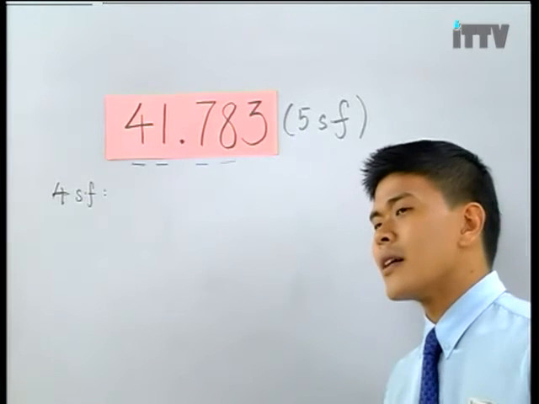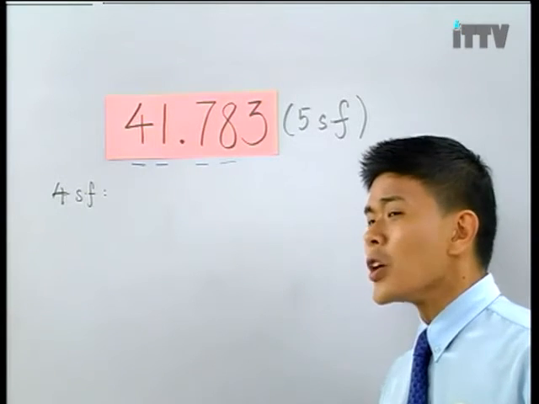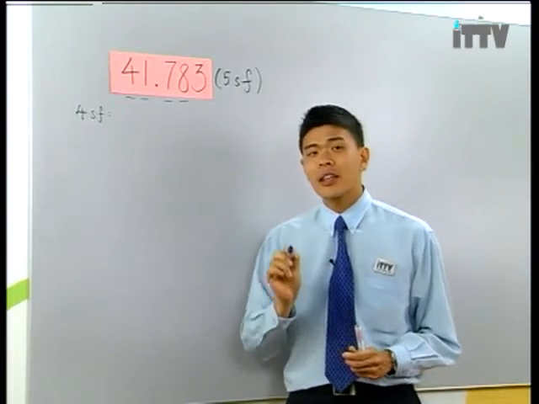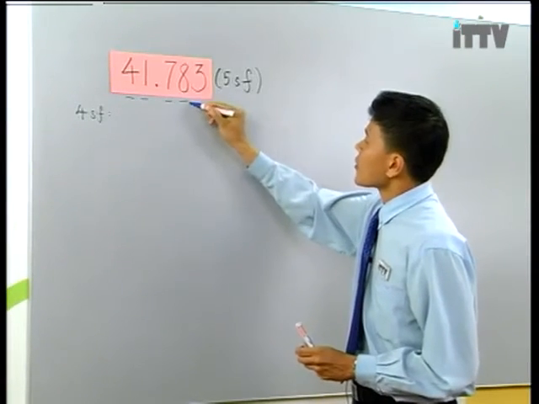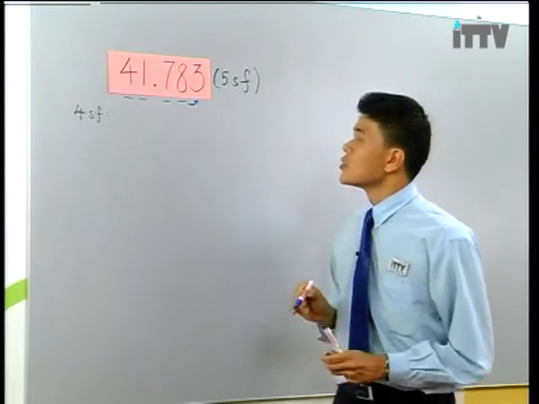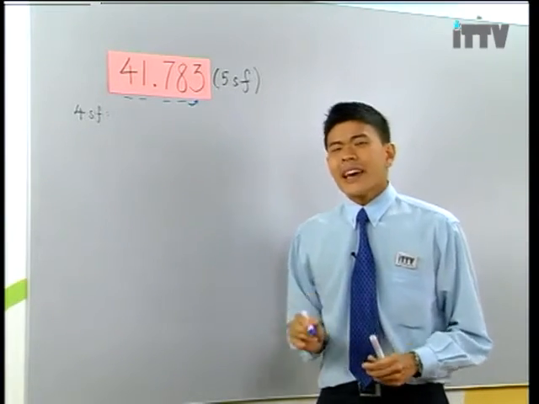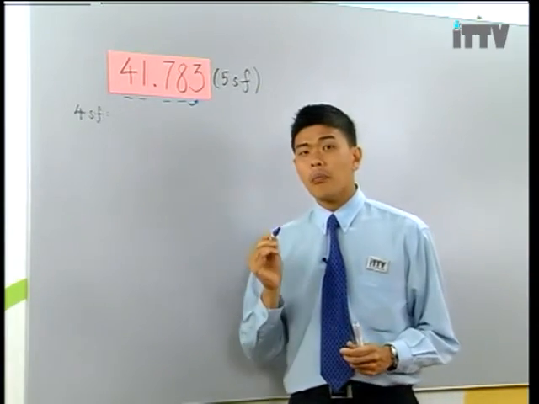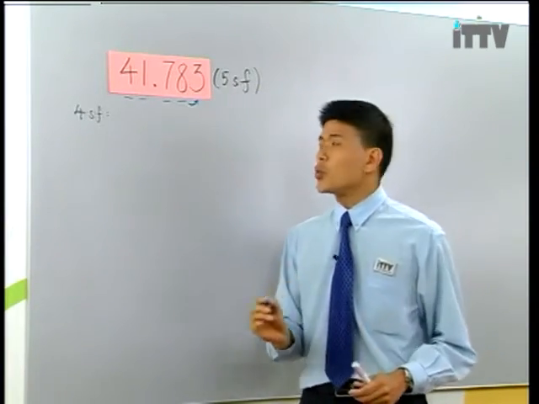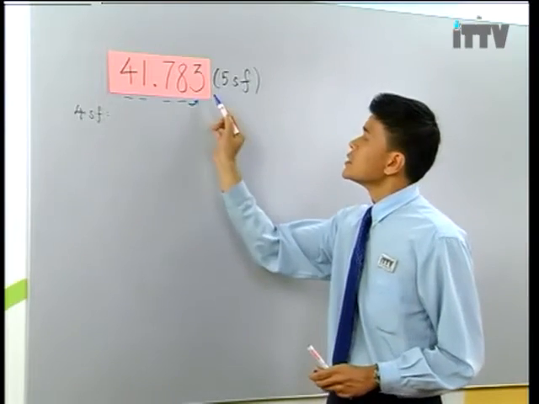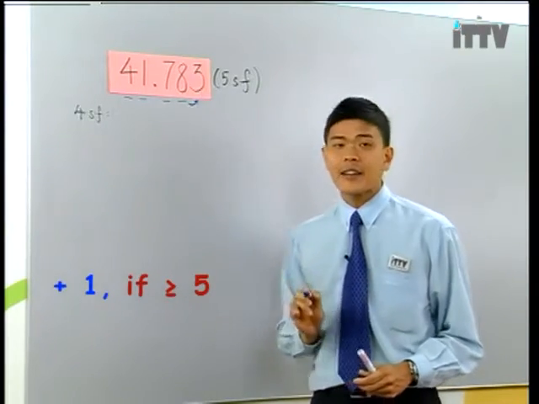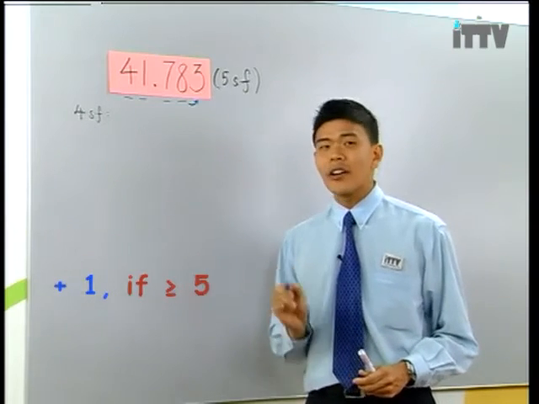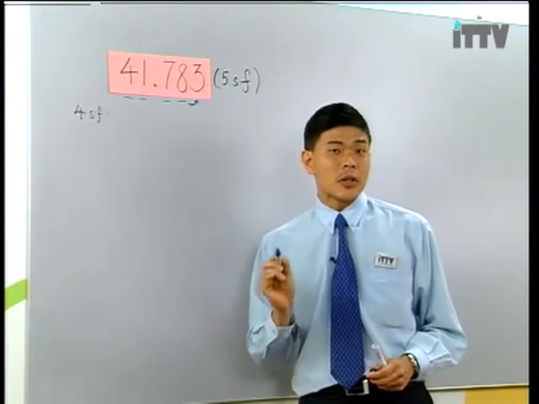And then look at the next number after the fourth significant figure, which is 3. If this number is 5 or more, you would have to add 1 to the previous underlined digit. If it is less than 5, you do not need to add a digit to the previous digit.